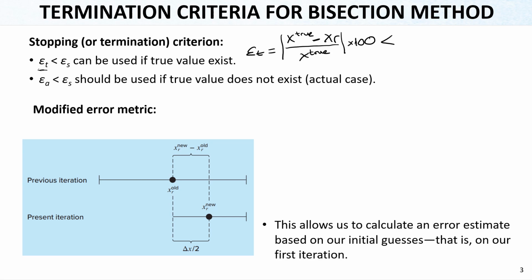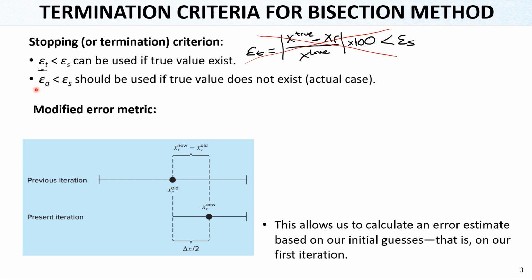And we want this to be smaller than epsilon s. At each iteration, we change this value to the new value, calculate this, and check if it is smaller than this. Whenever it gets smaller than this value, we stop and say that the xr value is our result. But in real life, we usually don't have the true value. So using this is usually not possible.